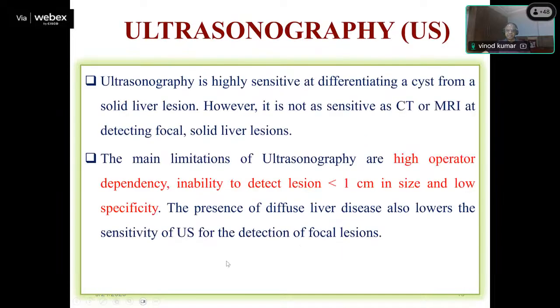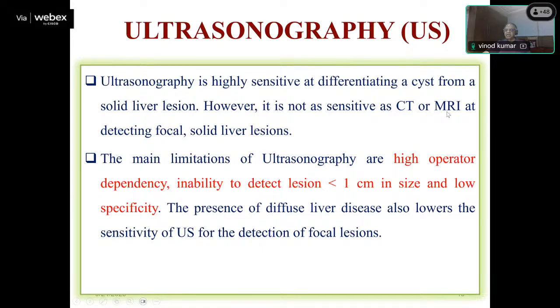Ultrasound is highly sensitive at differentiating between a cyst and a solid lesion. Between cyst and solid lesion, it detects very correctly. However, it is not as sensitive as CT and MRI at detecting focal or solid liver lesions.